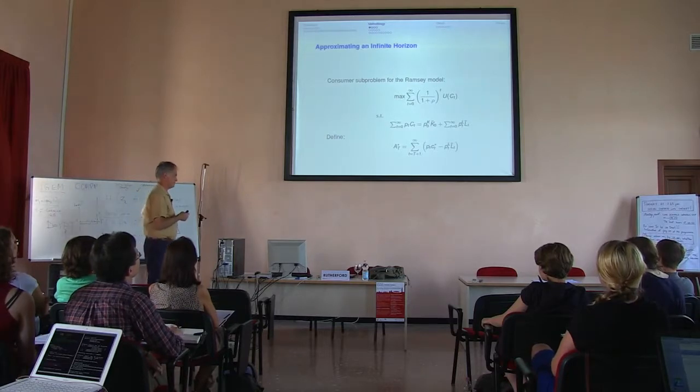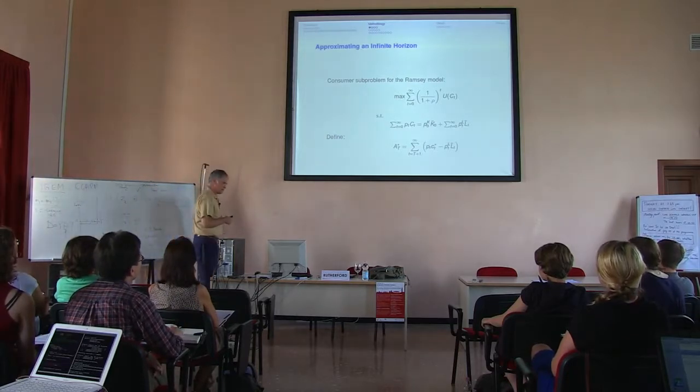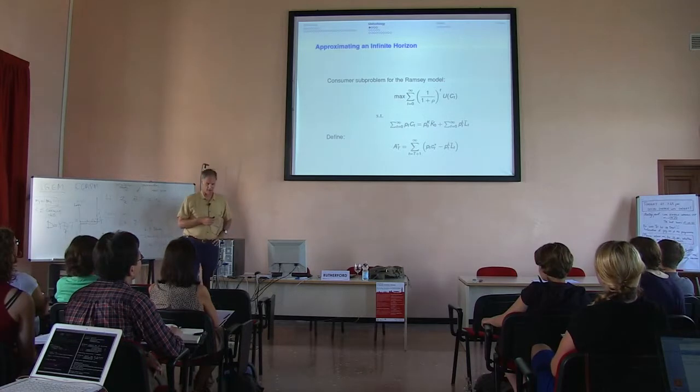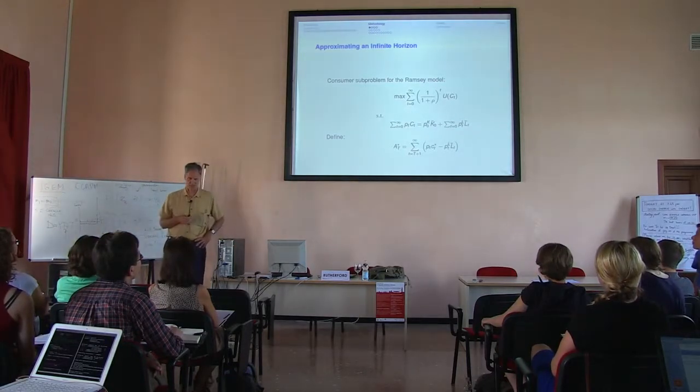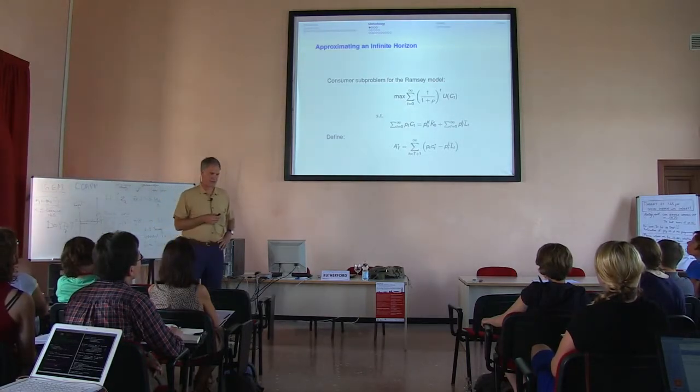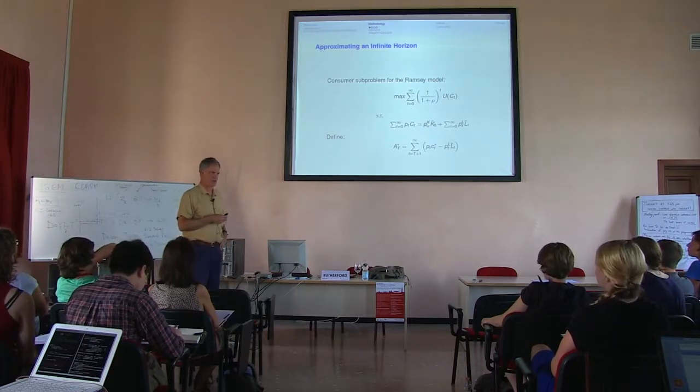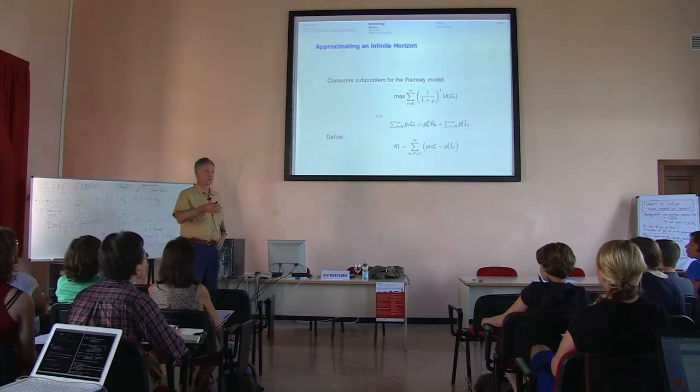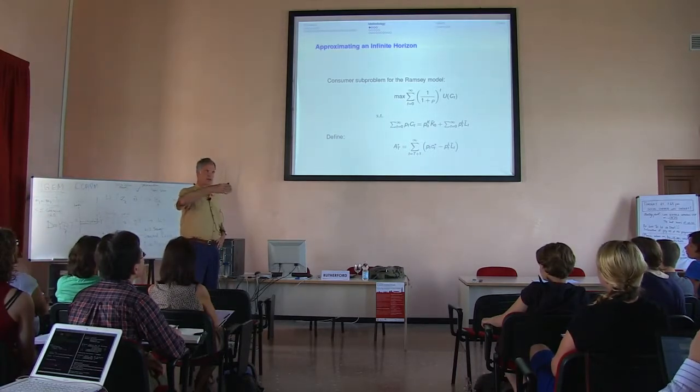Okay, if we're building an intertemporal general equilibrium model, the first challenge is that we can't solve a model that goes out to infinity. We only have a finite number of dimensions, so how we approximate off the end of the model is rather important.